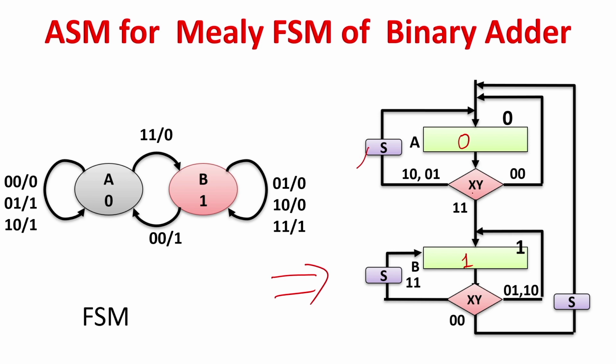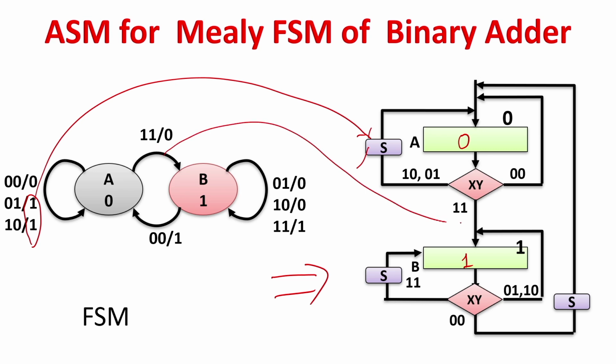Whatever is shown here, this part corresponds to this thing. If you are in state 0 and get a 1 1, then you go to the next state, and this part corresponds to this one.